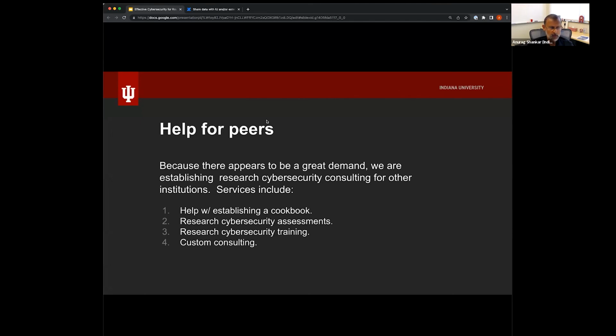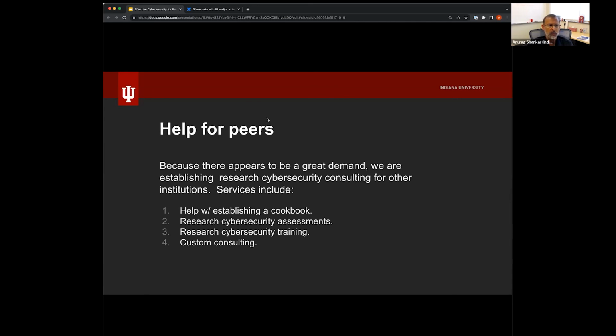We are going to try to have a kind of consulting service for other institutions. We're in the process of doing this. It is somewhat problematic because of the load that it puts on us, but there are certain things we can do fairly easily, and then we will add resources as need arises.